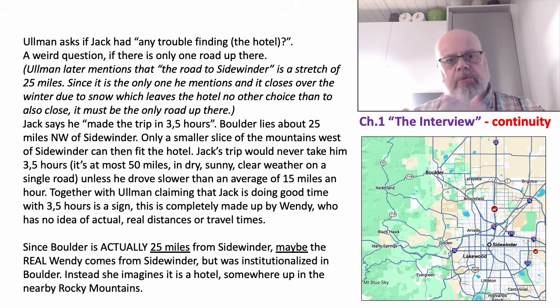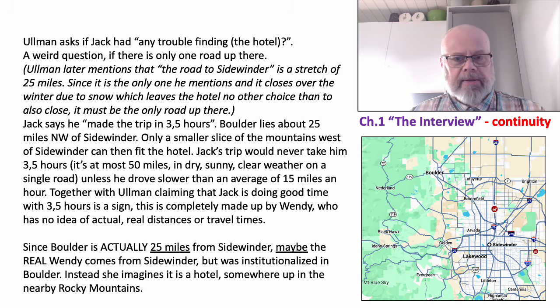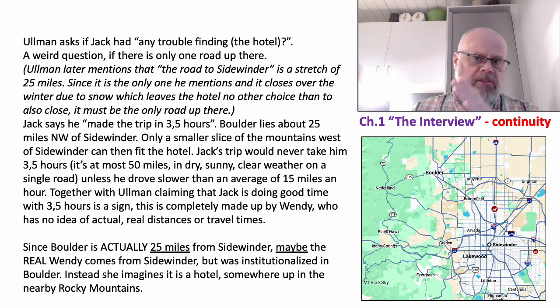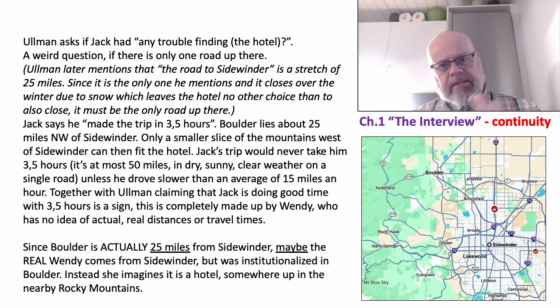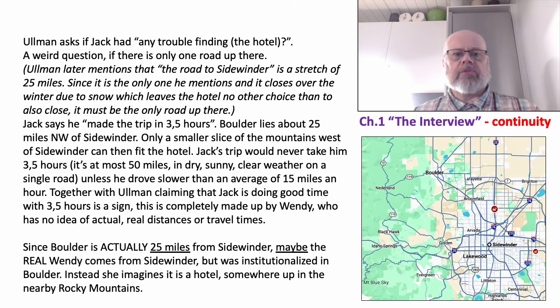So she moved 25 miles from Sidewinder to Boulder, but she imagines going from Boulder to this hotel. There are some similarities between the distances, and I'm not quite sure about this, but there might be something you could dig into if you want. I don't think this is necessarily extremely important for the story as such.